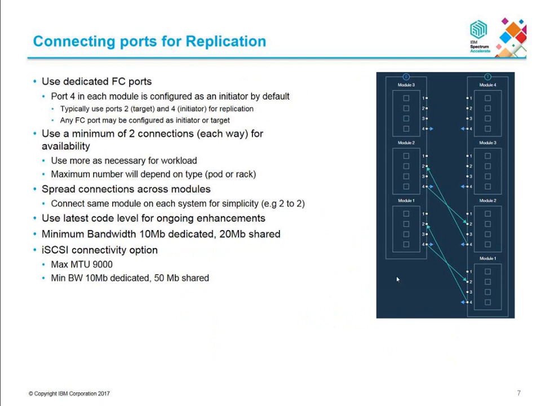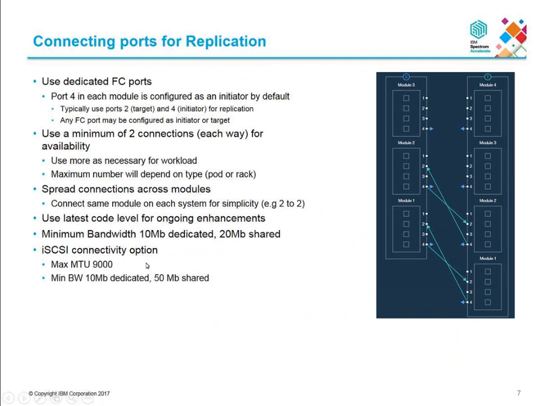Ports 2 and 4 are typically reserved for replication or migration connectivity. And I want to go from Module 2 to Module 2, Module 1 to Module 1. I don't have to do that, but it's a best practice. It helps with keeping things straight a little bit. And I want to go from the initiator port on one module to the target port of the other. And again, the default initiator port in every module is port 4.